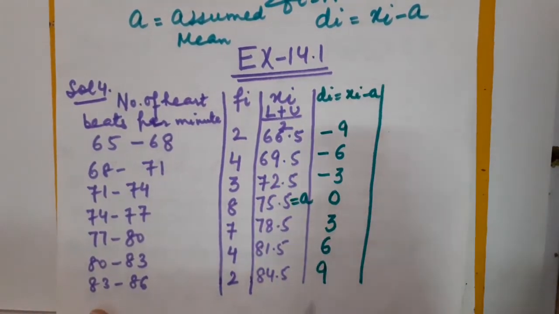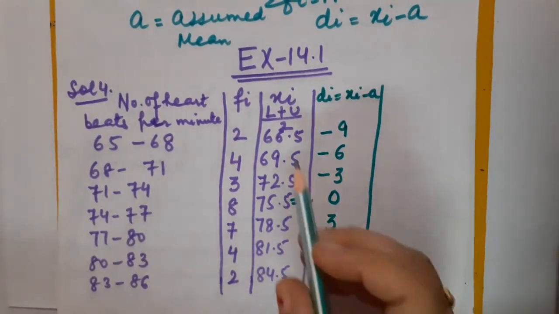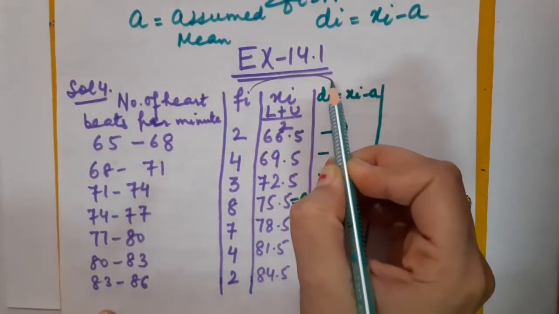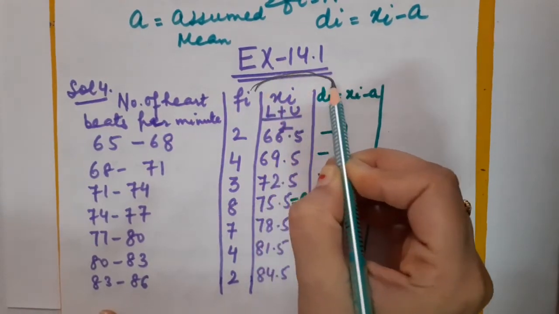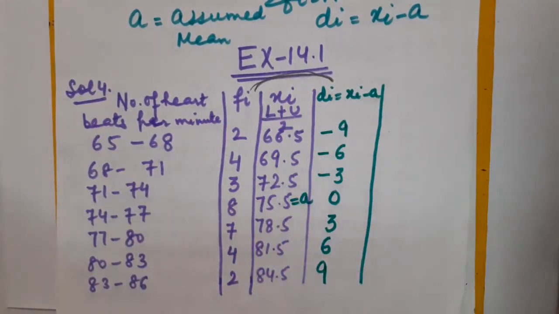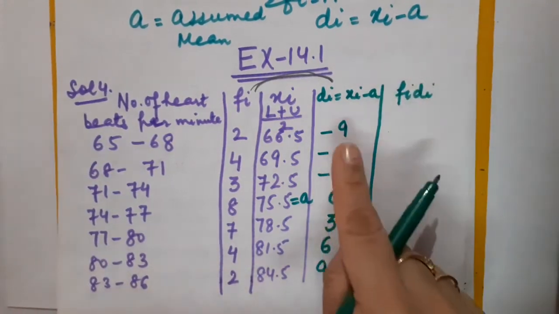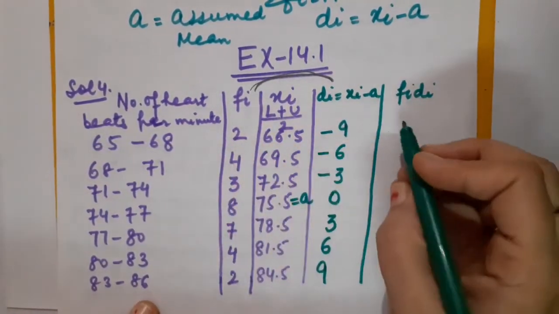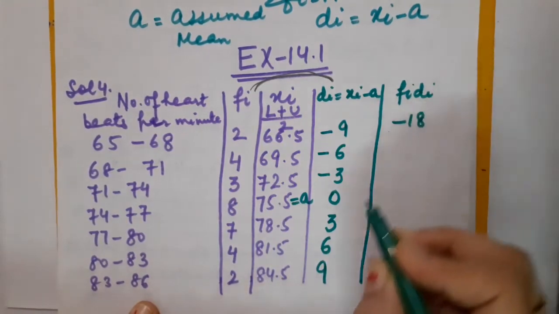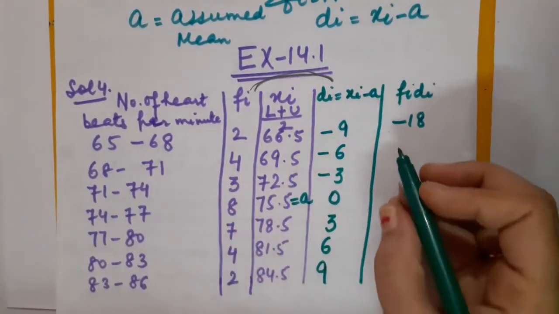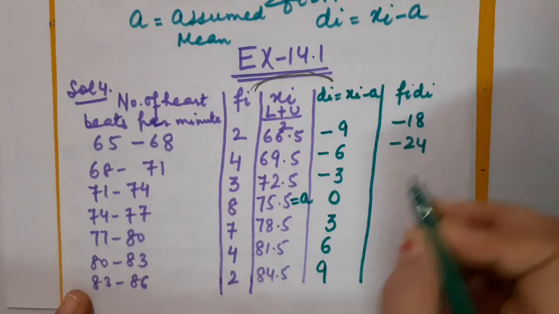Now children, we are going to calculate Fi into Di, means the product of these two. Fine. So let us find their product. So this is Fi Di, it will become minus 9 into 2, that is minus 18. Minus 6 into 4, minus 24.